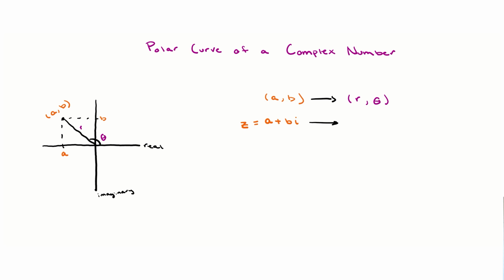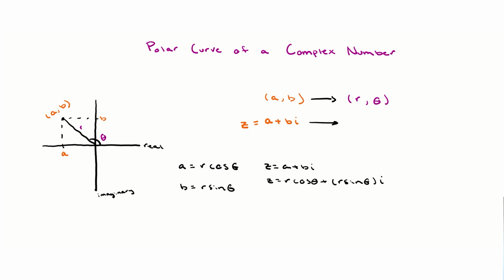Now take note of the fact that a equals r times cosine theta and b equals r times sine theta. So if we plug this into z equals a plus bi, our complex number, we get z equals r times cosine theta plus r times sine theta i.